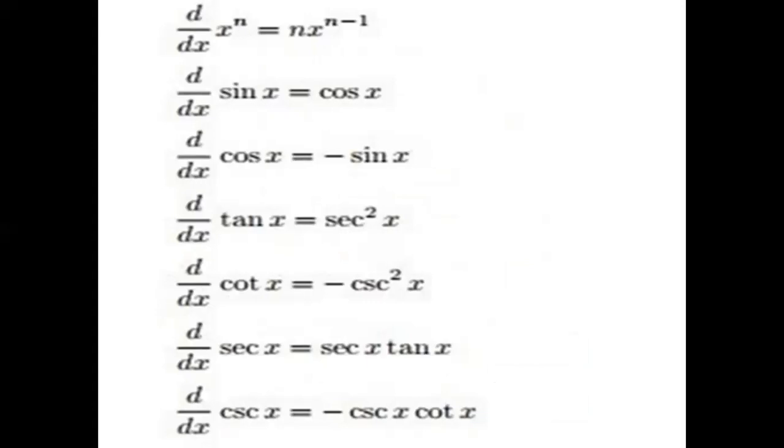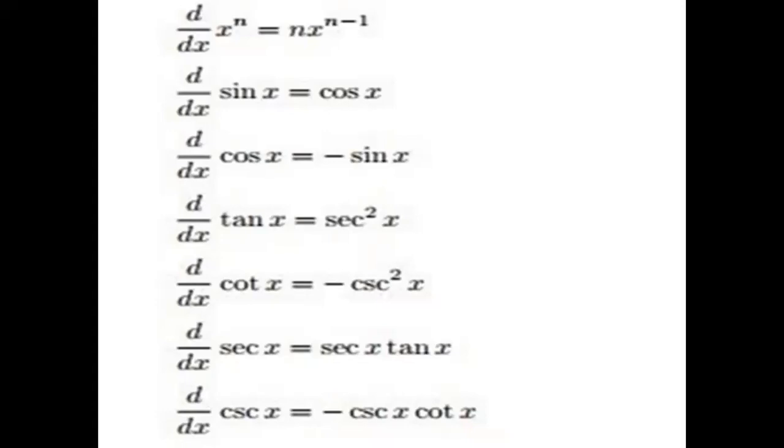Derivative of x raised to n is n into x raised to n minus 1. Important formula. तुम्हाला हे लक्षात ठेवावे लागतील. Derivative of sin x is cos x. Derivative of cos x is minus sin x.